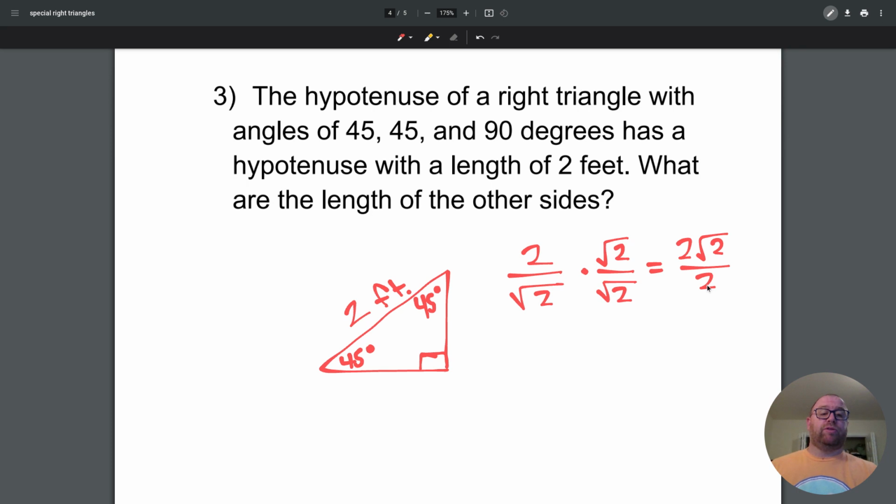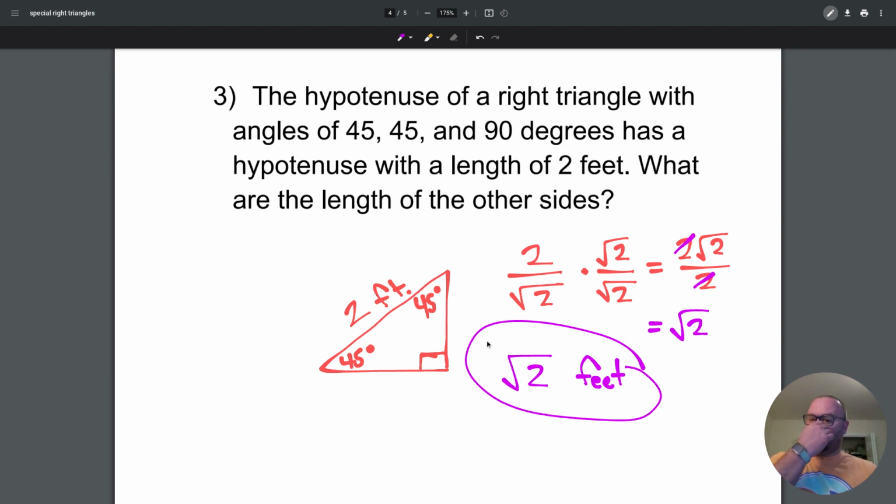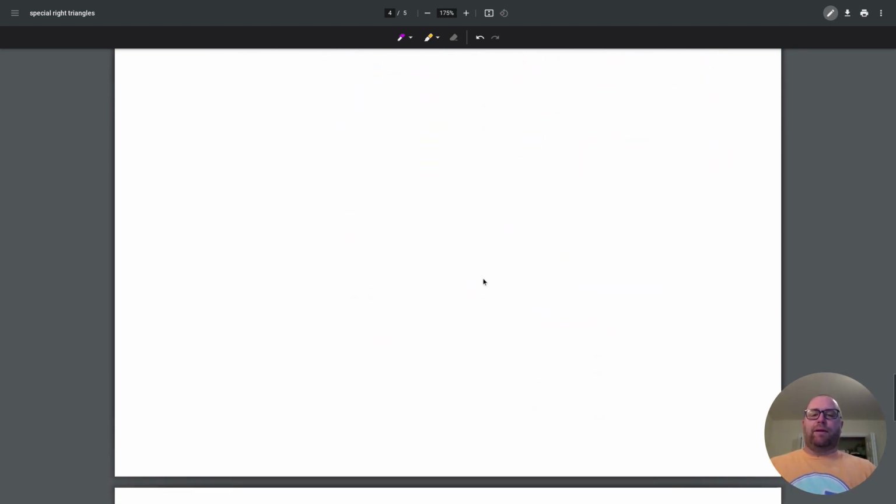So we have 2 square roots of 2 over 2. Now, if we want to simplify this, we can cross these out, and each of these sides opposite the 45-degree angle is going to be square root of 2, and that's in feet. So square root of 2 feet is going to be our solution here. Okay. Let's look at another one.